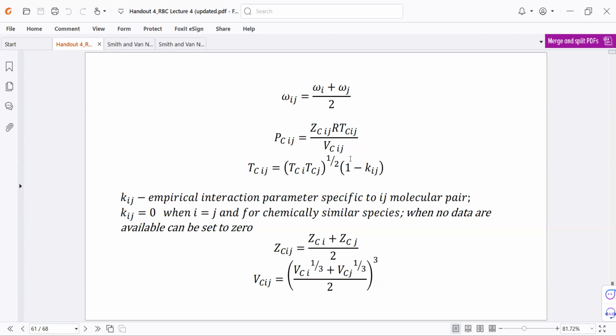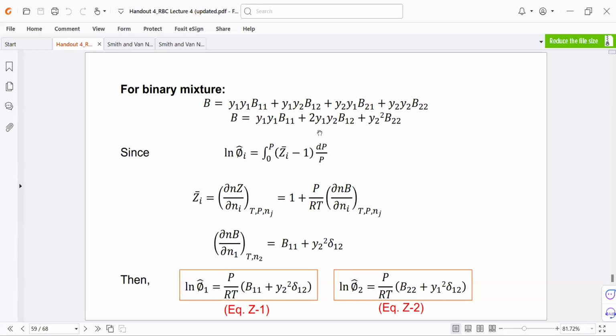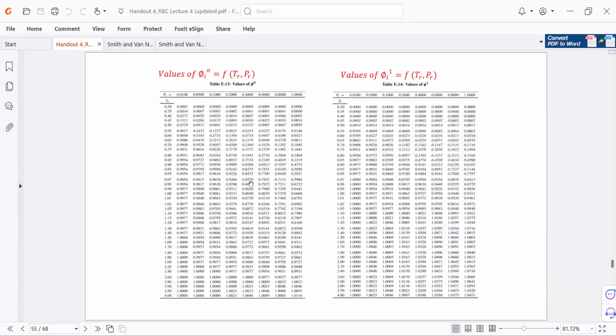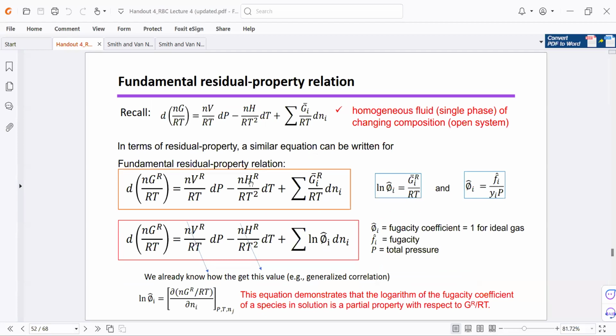Anyway, these equations will be demonstrated later in an example. I hope you will appreciate this more once we demonstrate this in the following examples. But again, going back to the big picture, our goal is to have an expression for the fugacity coefficient. We have expressions using residual property relation.